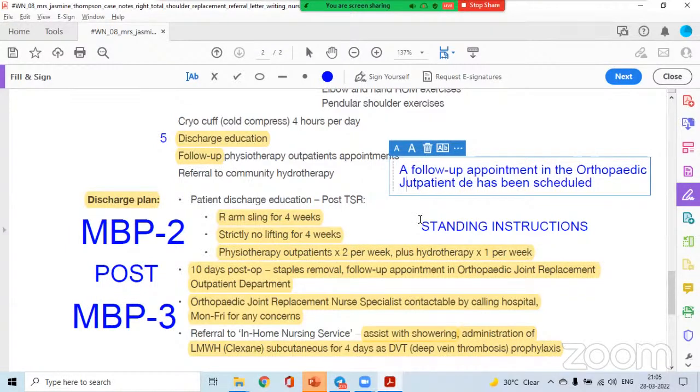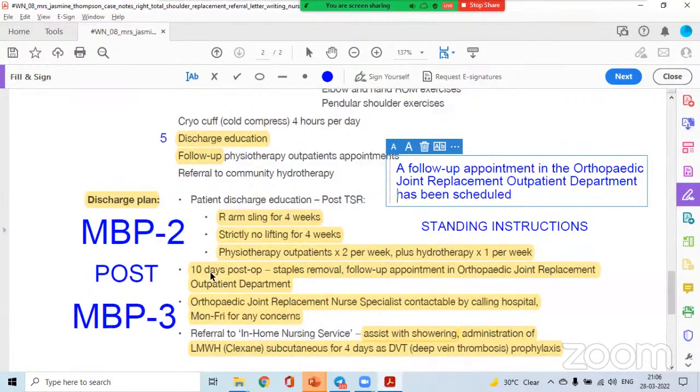Okay, a follow-up appointment in the orthopedic joint replacement outpatient department.